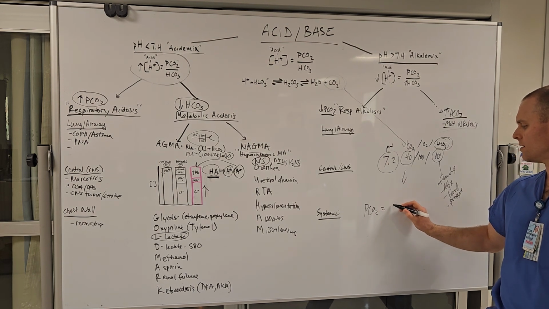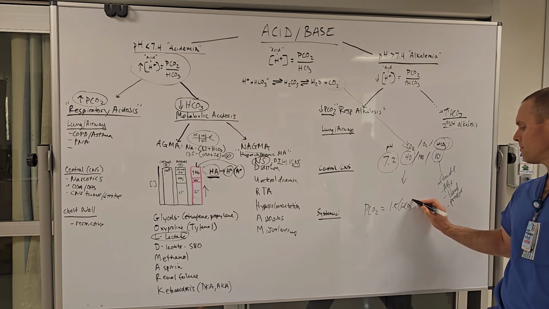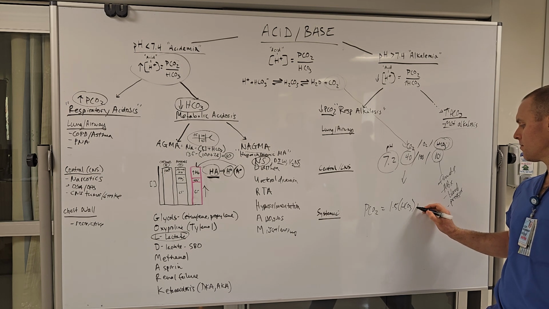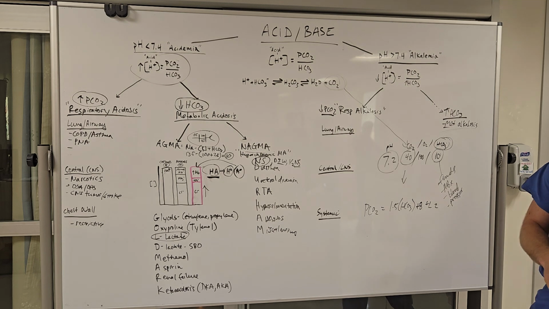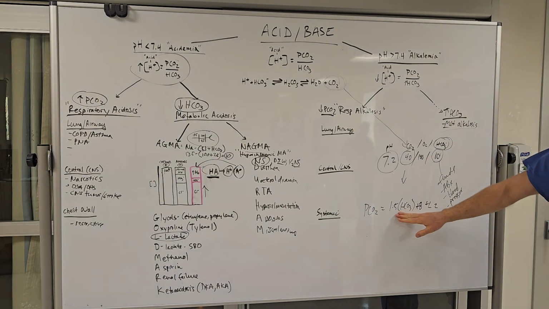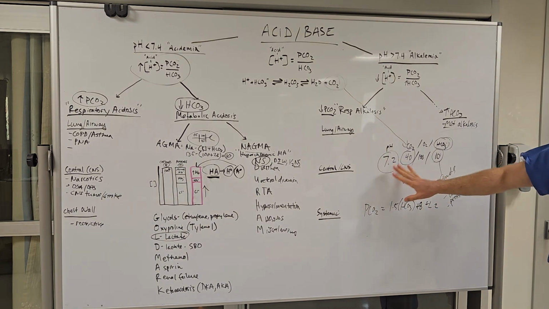PCO2, I think this is right, is equal to 1.5 times your bicarb plus 8, plus or minus 2. I hope that's right. It's official now. I'm pretty sure that's right. So basically, if your PCO2 is equal to this within plus or minus 2, then you're considered compensated.